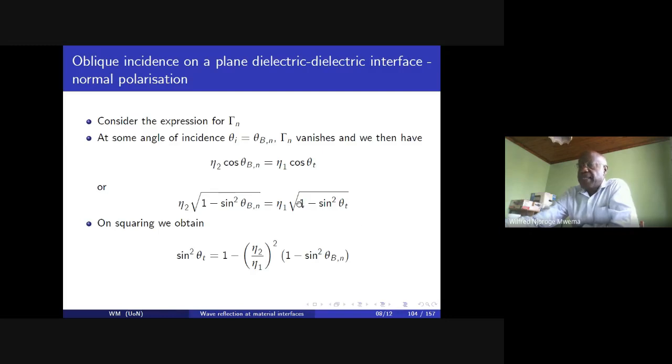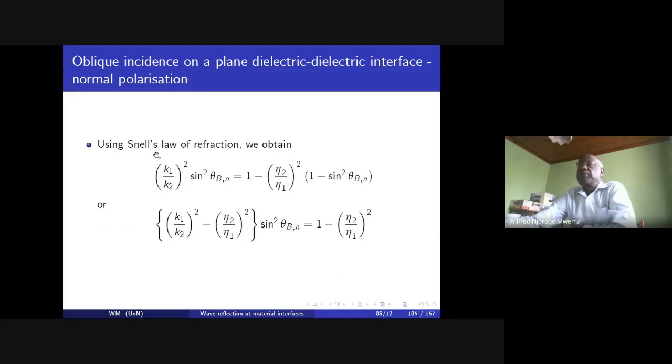So when we square this, we get that sine squared theta t is equal to 1 minus (eta 2 over eta 1) all squared, times 1 minus sine squared theta Bn. And when we use Snell's law of refraction, we get the following equations. Remember that eta 2 and eta 1 are also related to mu and epsilon.